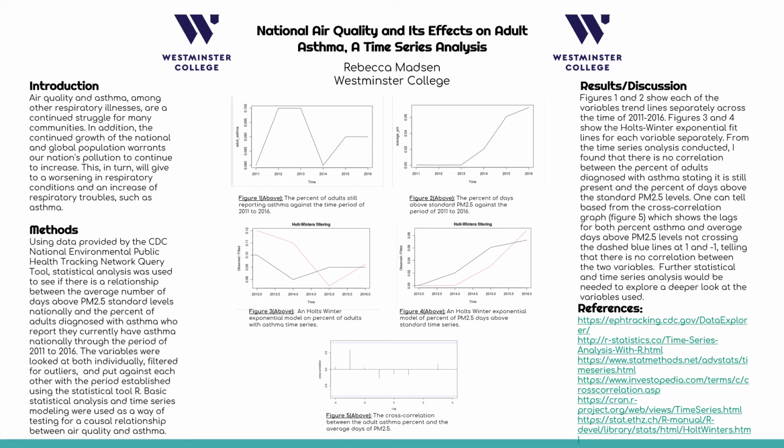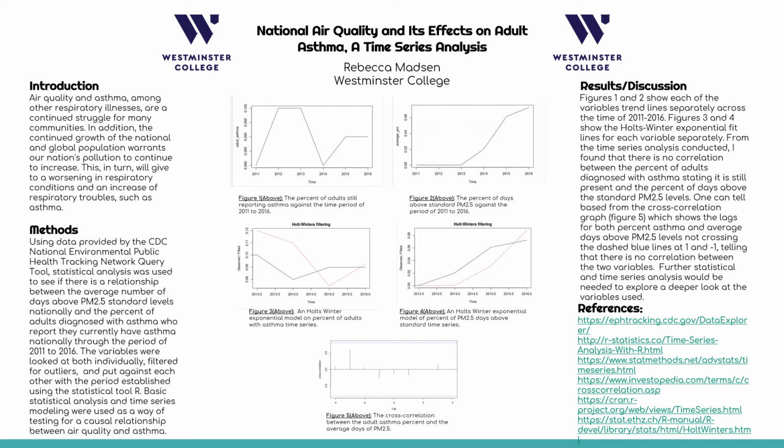Now, as mentioned before with this time series analysis, Figure 5 shows the cross-correlation between both the variables of adults with percent of asthma reported and the average days of PM 2.5 levels. Each spike on the 0 line across the x-axis, parallel with the x-axis, are lags, which represent a year that will tell us if there's any correlation for that specific spike.